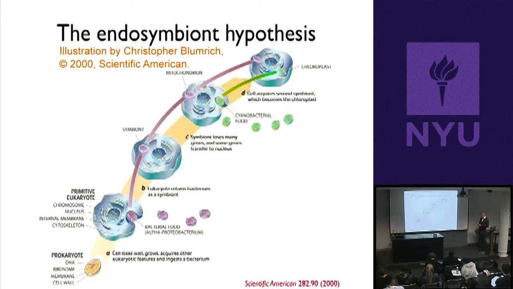But in this one case, what happened is the cell remained intact, and a symbiosis developed where what was good for the symbiont, the bacterium, was also good for the eukaryotic cell holding it, probably because the symbiont was then protected from the outside world, and the eukaryotic cell gained energy that the symbiont was producing. And so in an evolutionary sense, they had sort of a gentleman's agreement to stick together and not cause each other trouble.